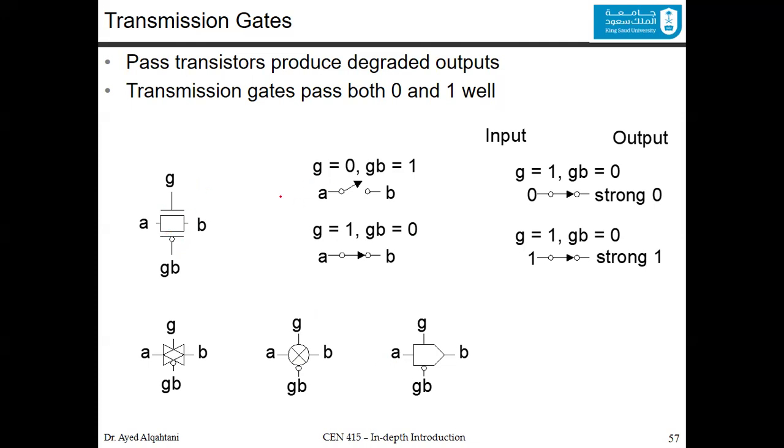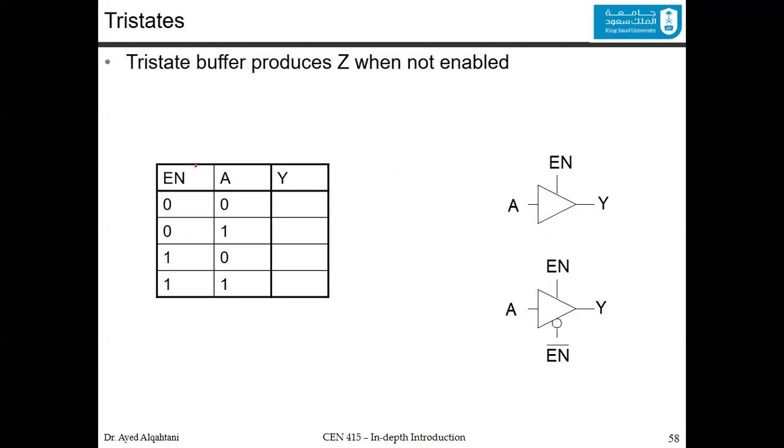So the design itself is this sample. The tri-state buffer. Now, the tri-state buffer has a Z, or a high impedance, in the output in certain combinations.